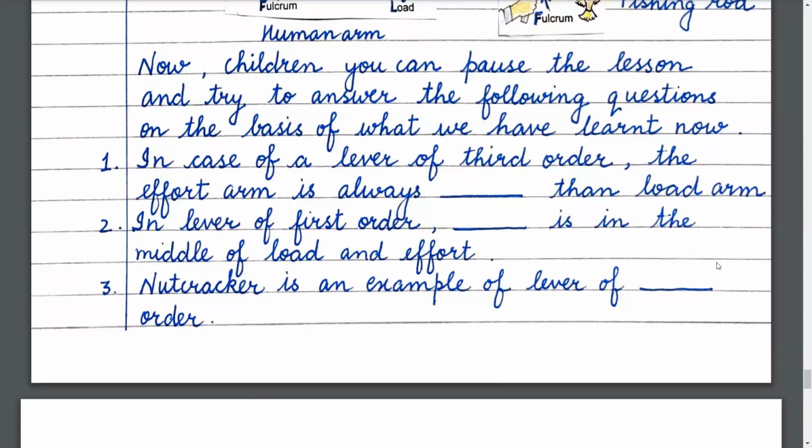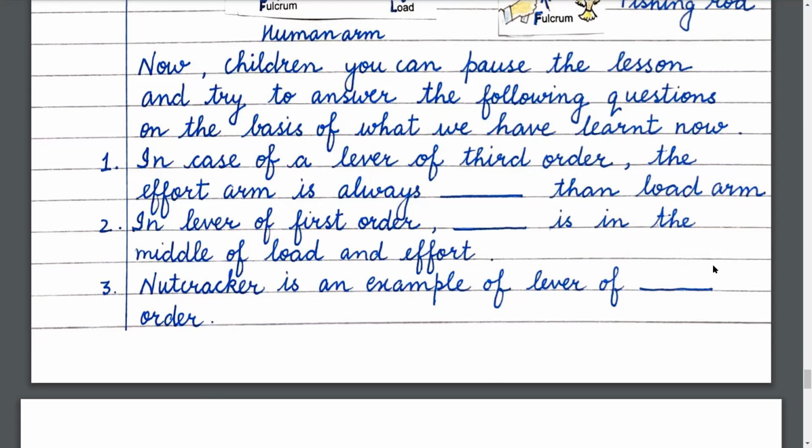Children, you have well understood the three classes of lever which are differentiated on the basis of the position of fulcrum, load, and effort. In first class, fulcrum is in between the load and effort.